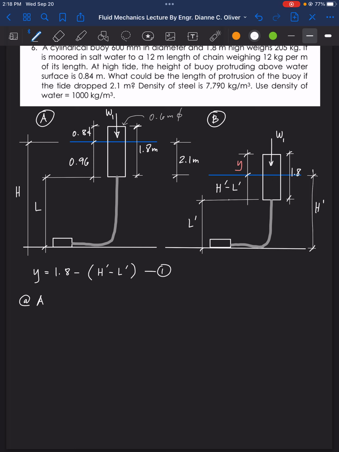And then the weight of the chain, so let's name that W2. Of course, this is different now for the second scenario because there's a different L here, the length of chain.